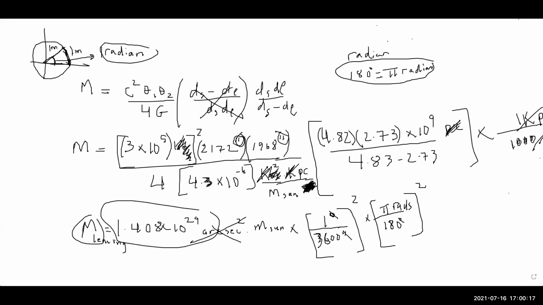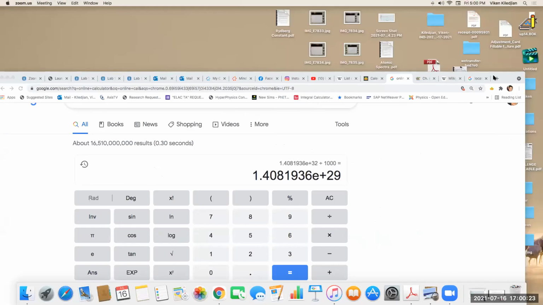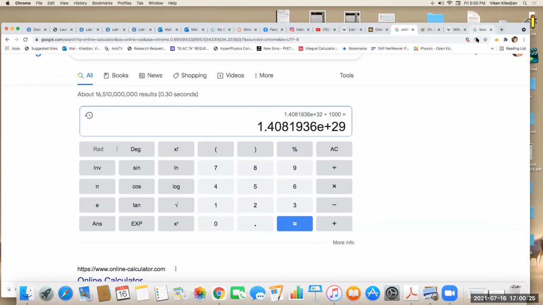So then we just go back to the calculator. Divide this by, I'm going to put parentheses, 3,600 times 180, close the parentheses. Because I'm going to square both of them, we might as well just put them in the same parentheses and then square them.